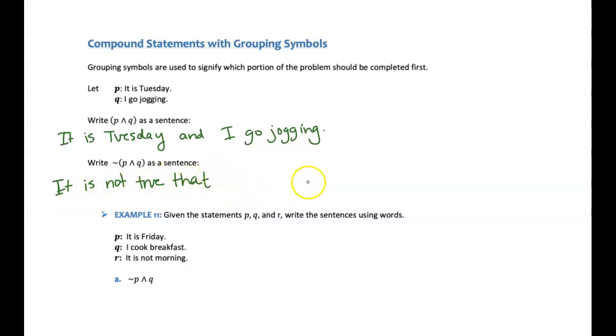After that, we would continue with everything that is in the parentheses. In this case, it is Tuesday, and I go jogging. The phrase, "it is not true that," is that negation in front of the parentheses.